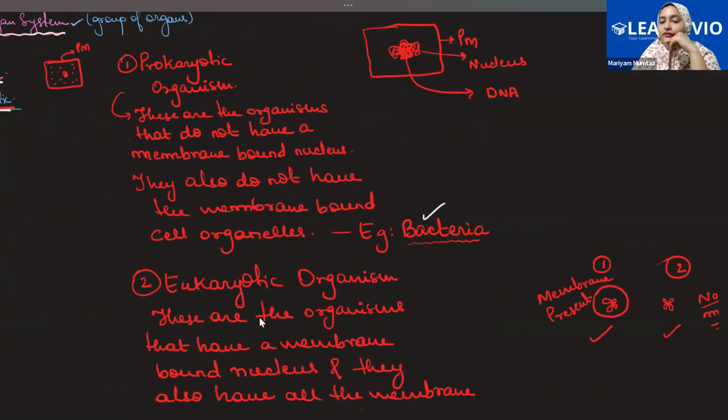You understand the meaning of a membrane? Yes, ma'am. So in the prokaryotic organisms, the membrane is not present at all, and in the case of eukaryotic organisms, the proper membrane is present.